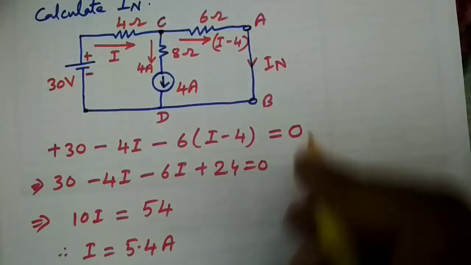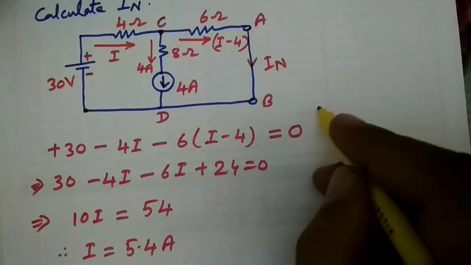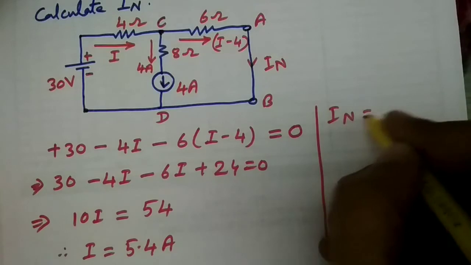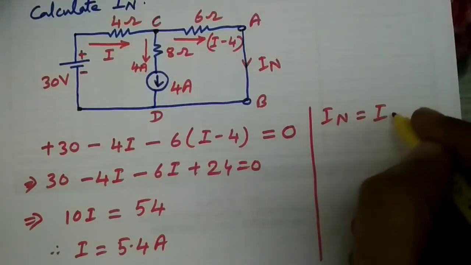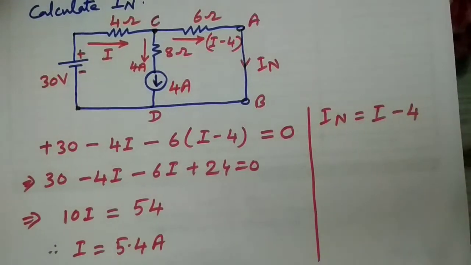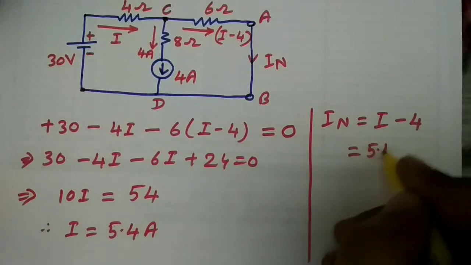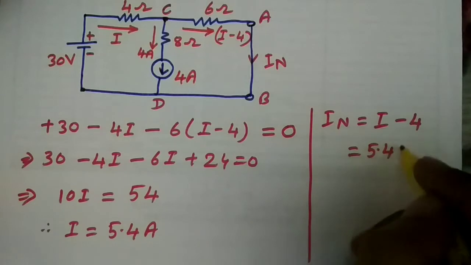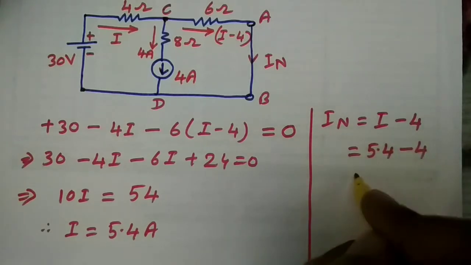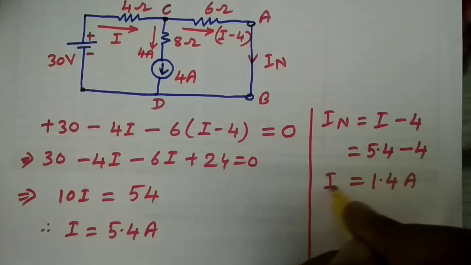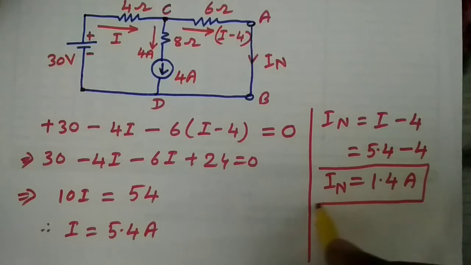So the value of IN will be nothing but I minus 4. Here the value of I is 5.4 that we have calculated here. So 5.4 minus 4, so it will be 1.4 ampere. So our Norton equivalent current value is 1.4 ampere.